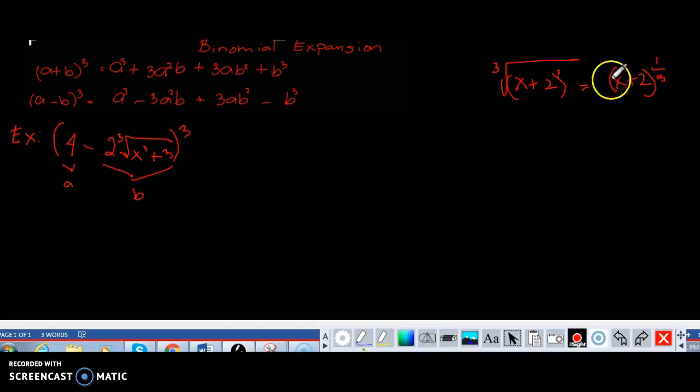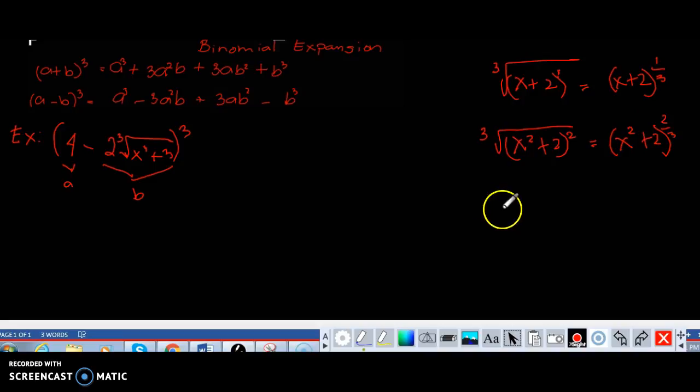That's the exponential expression of this. Now if you have x squared plus 2, squared, then the thing in parentheses is your base, x squared plus 2, and the exponent 2 goes up here over whatever is your index.